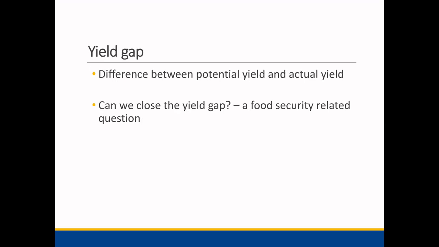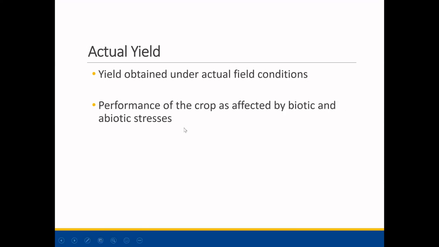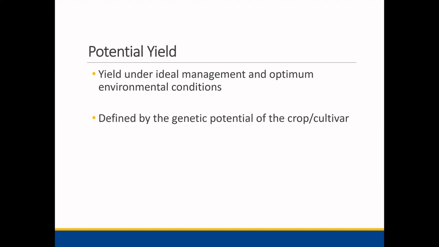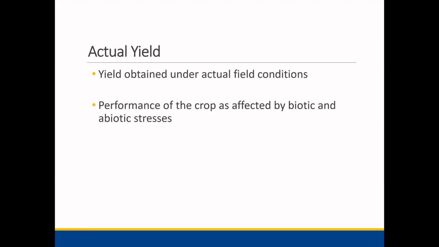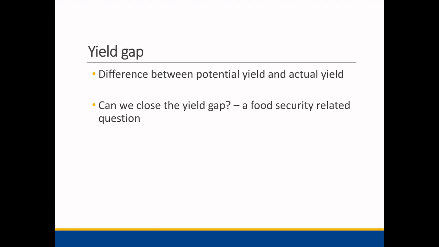And then there's a concept called yield gap. Now you know what potential yield and actual yield are. The yield gap is just the difference between the potential yield and the actual yield. According to your understanding, which yield should be higher? Potential yield.